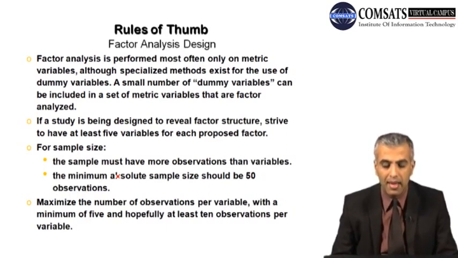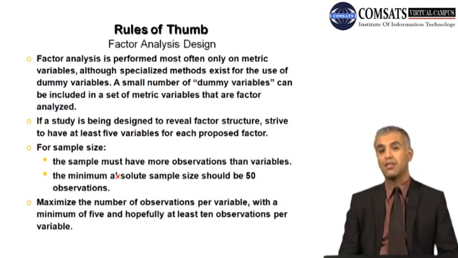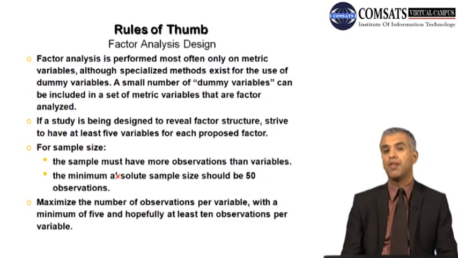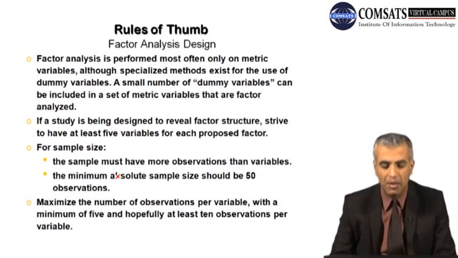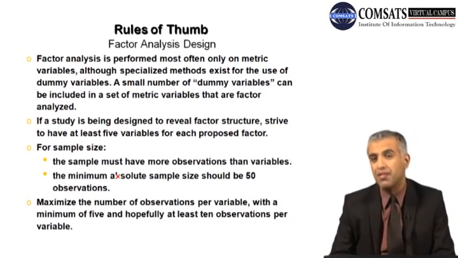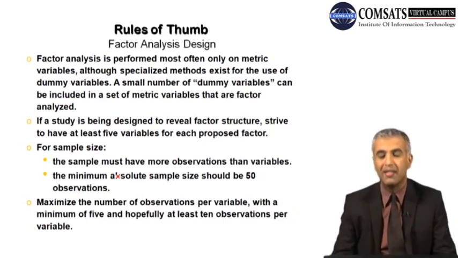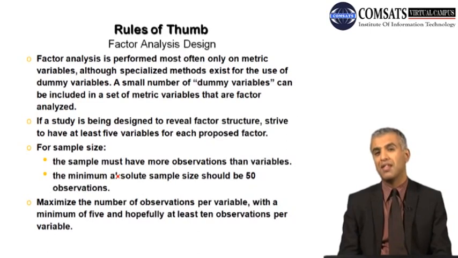And then here again, there are certain guidelines that we should have a minimum of 5 variables which can be used for factor analysis, and less than that would not be feasible. Likewise, we have certain specifications for sample size as well, and in this case one major rule of thumb is that there should be a minimum of 50 respondents or 50 observations, but the more accurate one is that there should be more observations than variables.